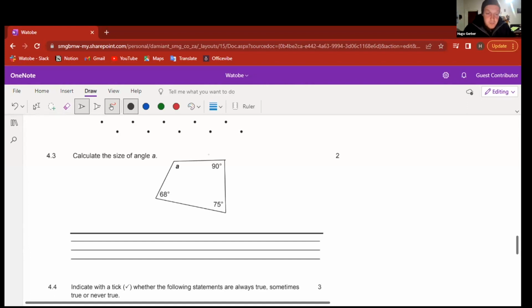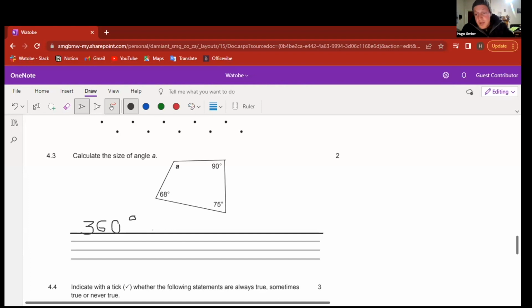So, the inside of any four-cornered shape needs to be, the sum of the insides needs to be 360 degrees.